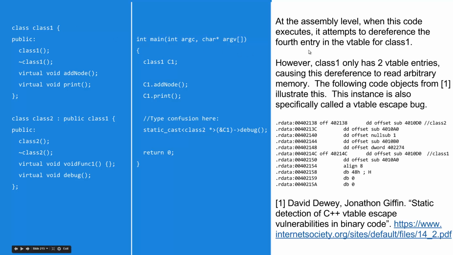Anyways, what is going to happen is that vtable for class 1 only has two entries. See these DD offsets? Each one of them is an entry. It's going to fail to do this cast and return instead a pointer to class 1, and the dereference at this level will access the fourth member here, escaping the vtable.